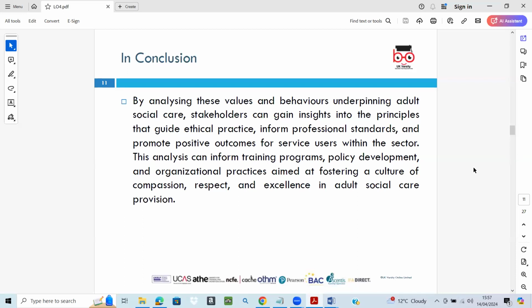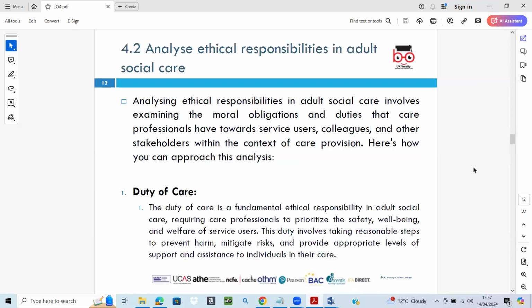So we will have the multidisciplinary team working together, and in the end we effectively reduce response time, and finally we solve the problem of the service user. Now we will move to the next slide.